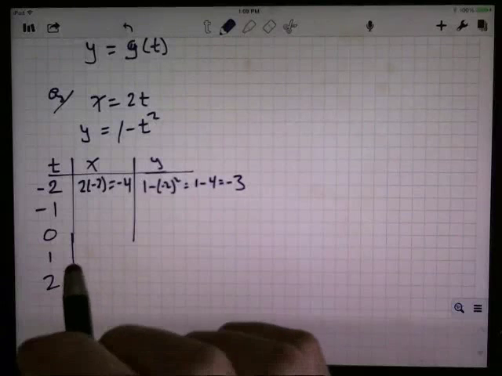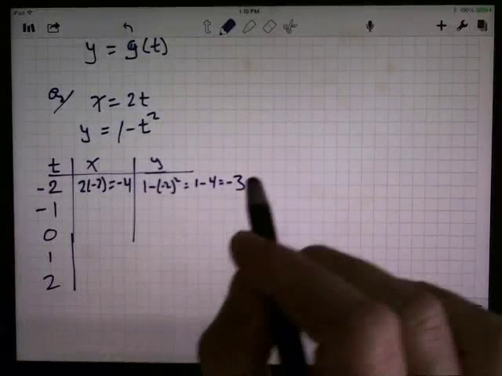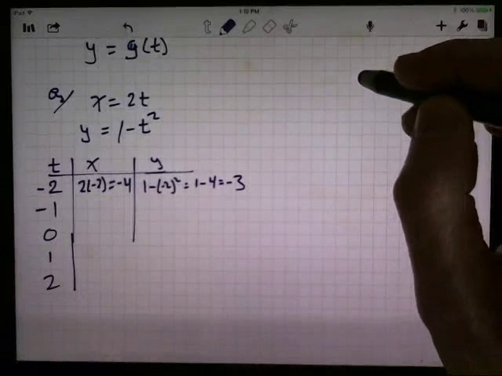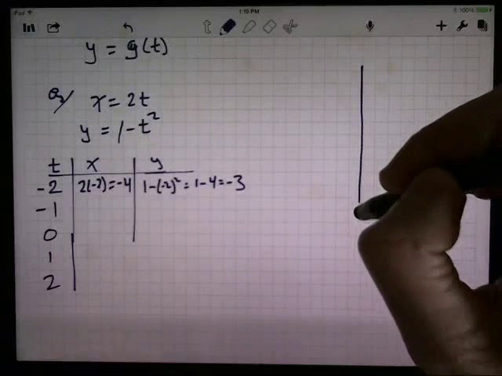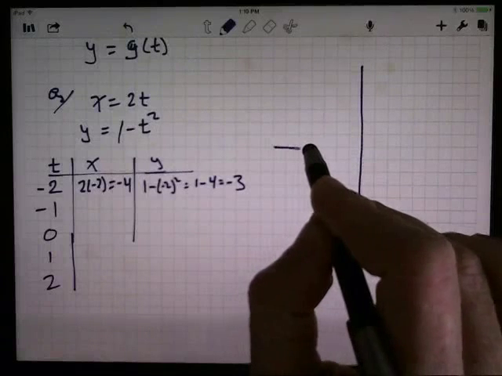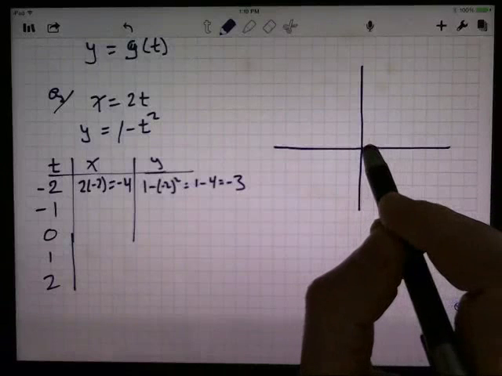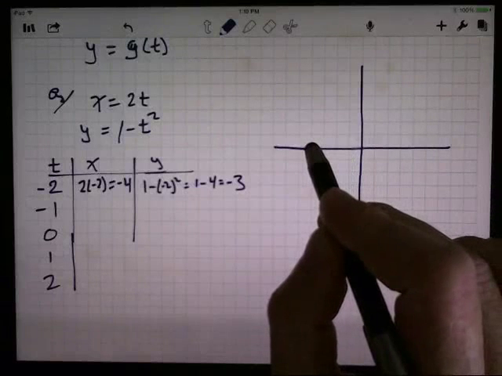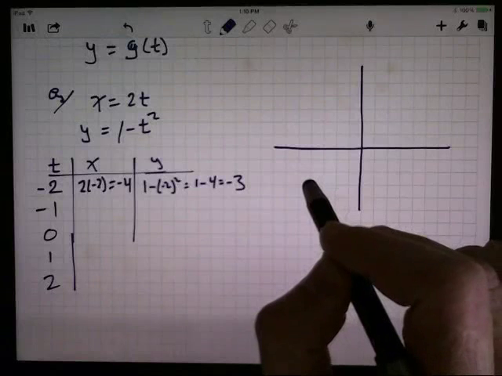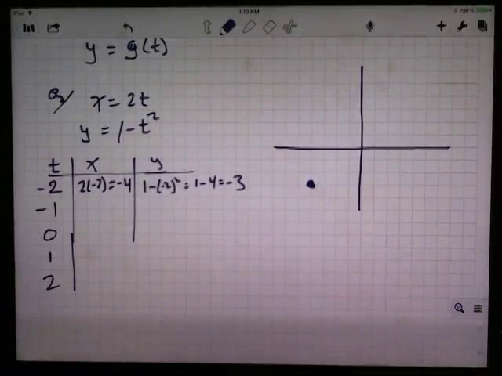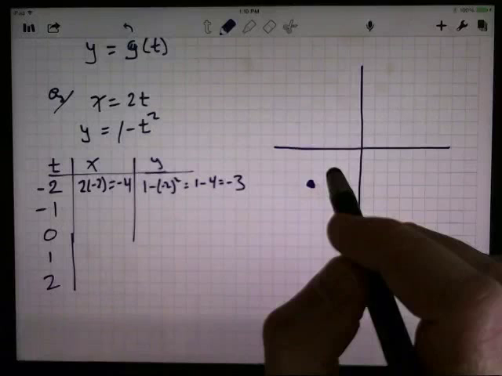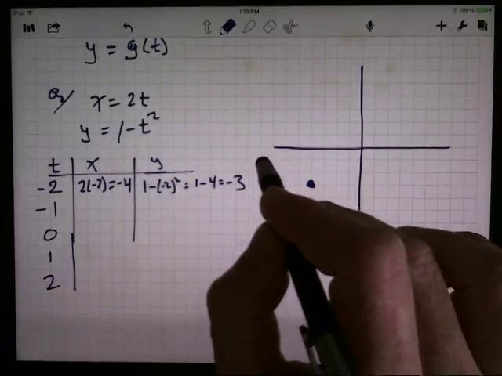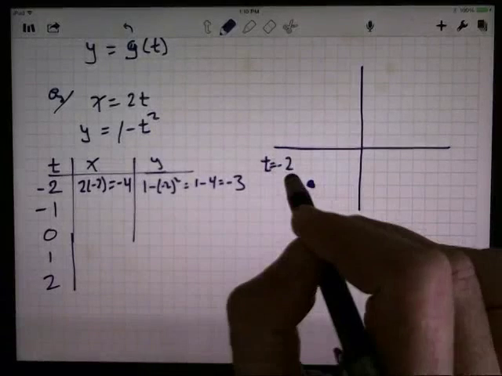Okay. So the first point that I've got here is (-4, -3). So I'm going to draw a graph over here. That's my first point, corresponding to t equals -2. Okay, that's that point right there.